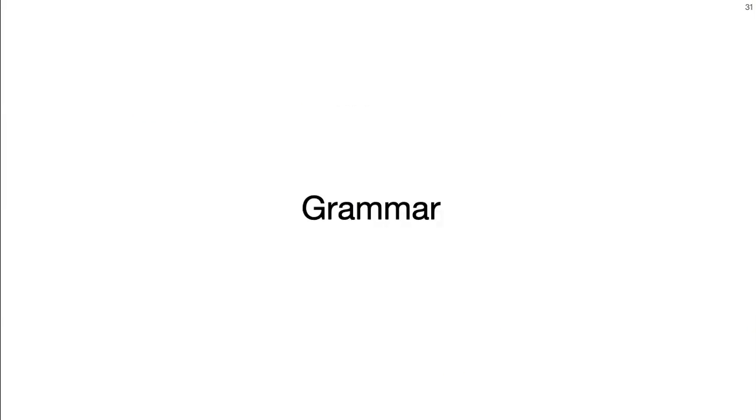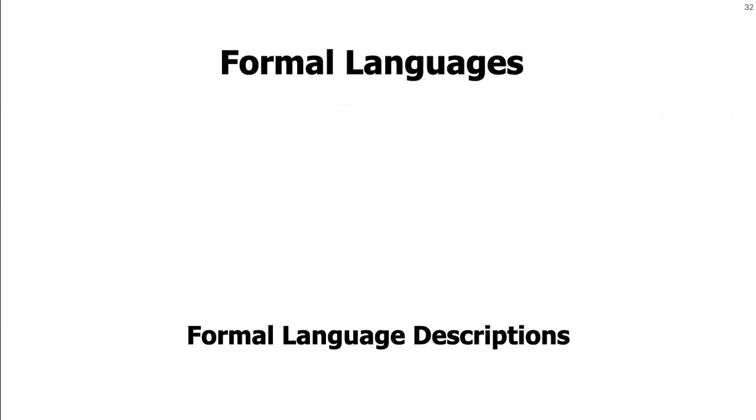Now, what is a grammar? A grammar is a formal language description that specifies how an input is constructed. And there are different kinds of grammars based on the power of the grammar to construct increasingly complex inputs.